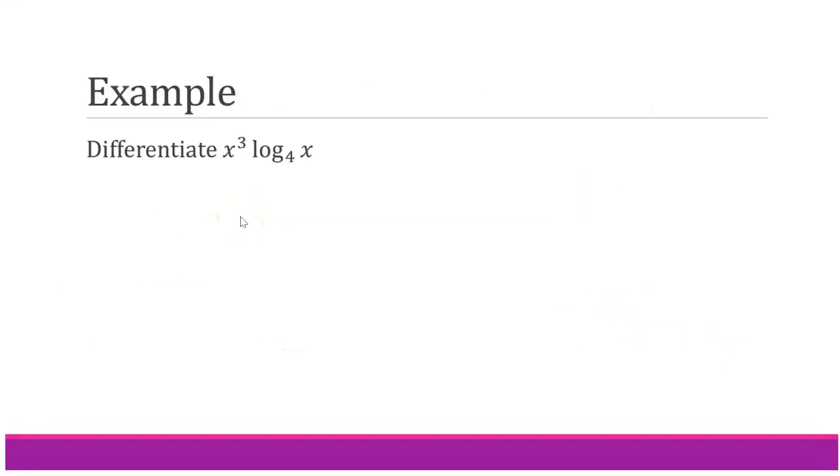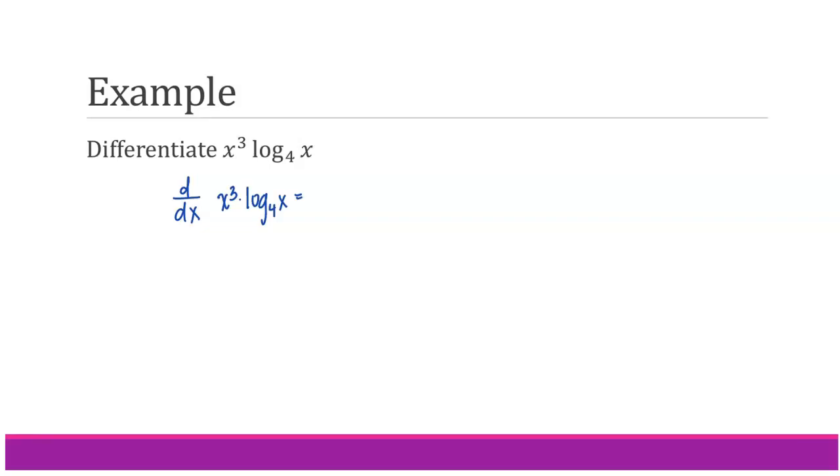Let's go ahead and take a look at an example. We want to differentiate x cubed times log base 4 of x. Differentiate, of course, means find the derivative, so I'm going to switch to d dx. The derivative with respect to x of x cubed times log base 4 of x is going to require the product rule.